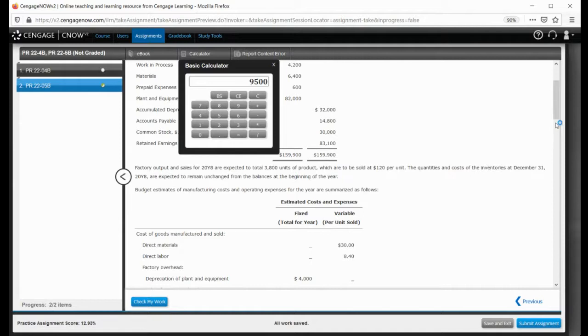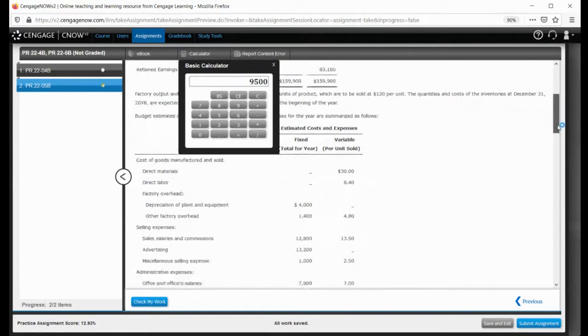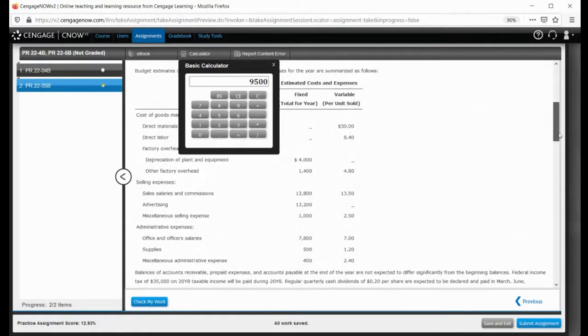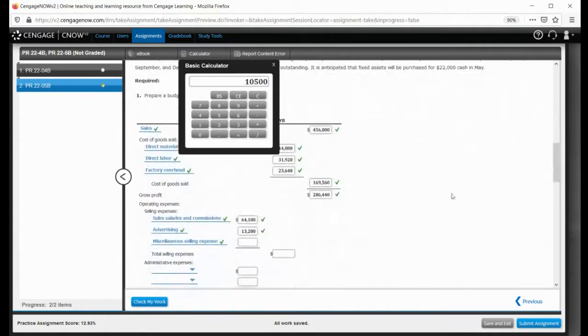This will give you $9,500 for the variable portion of your miscellaneous selling expense. You're going to need to add to that the fixed portion of $1,000, and your total miscellaneous selling expense is $10,500.